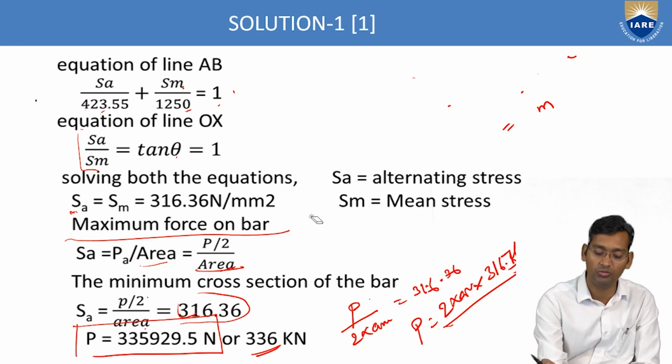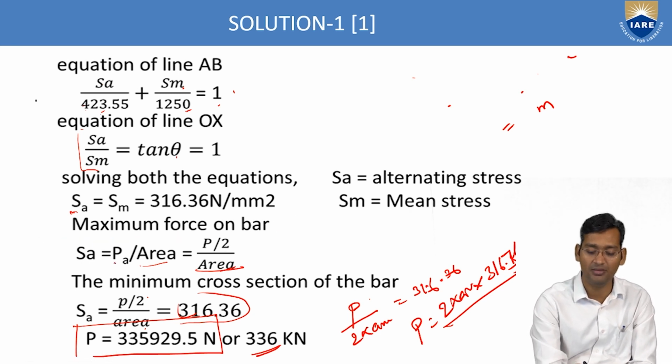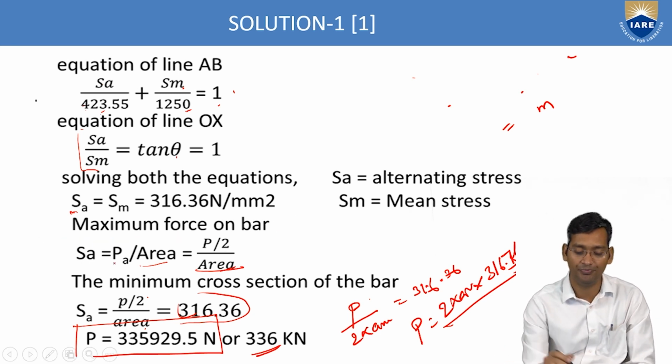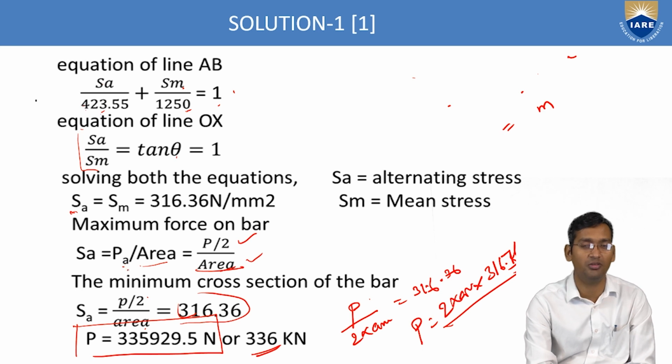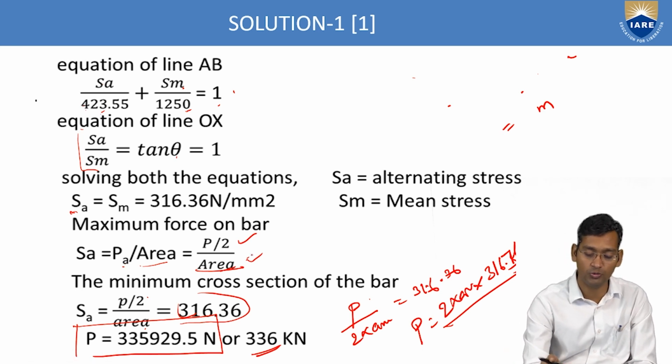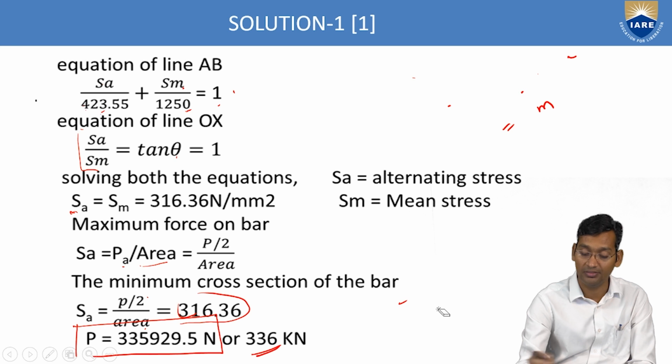So now the maximum force will be what? SA is PA by area. PA is what? P by 2, and area is the minimum cross section of the bar, which is given.